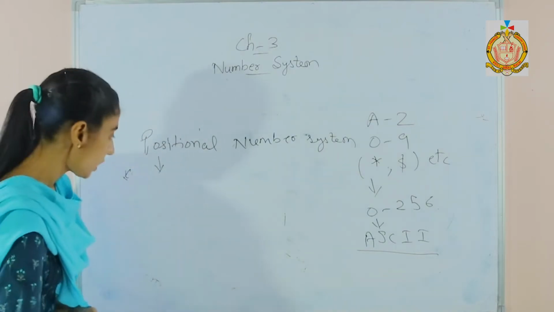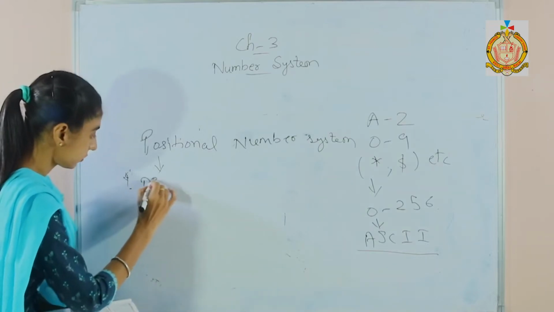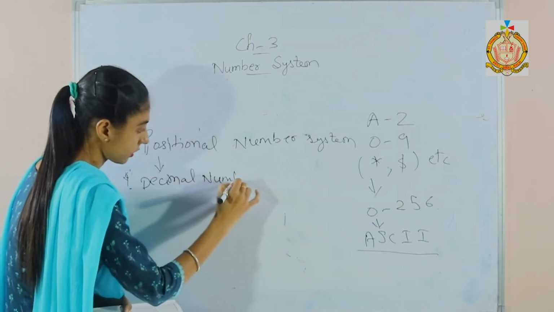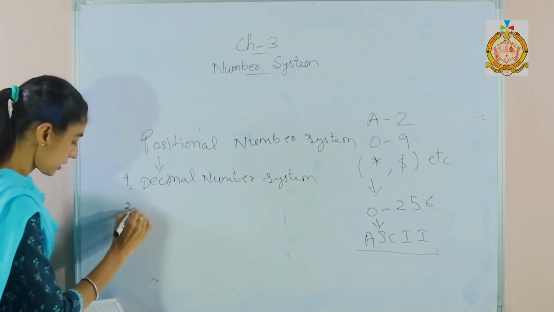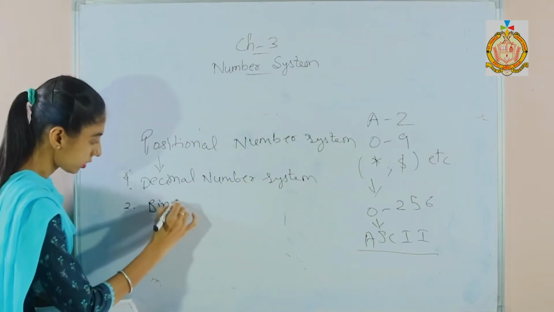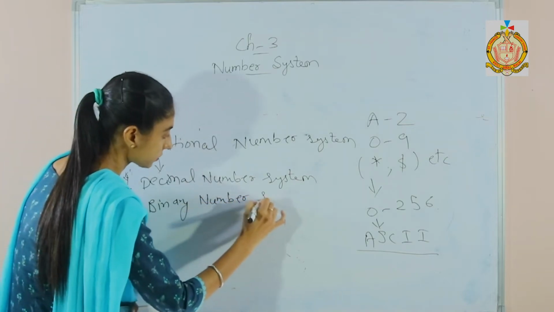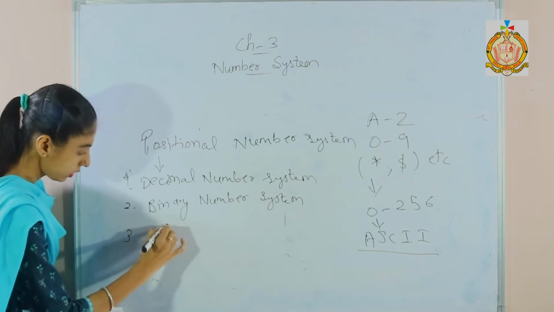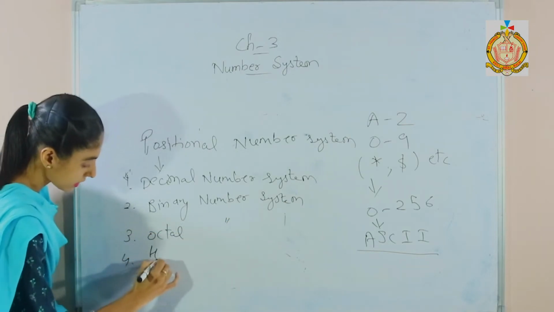First one is decimal, second one is binary, third one is octal, fourth one is hexadecimal.